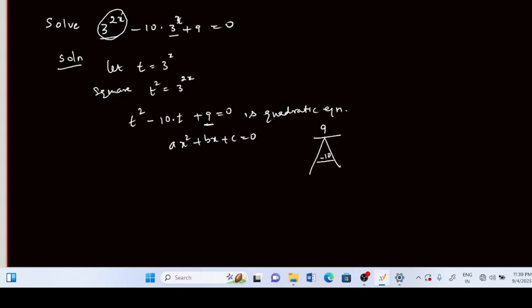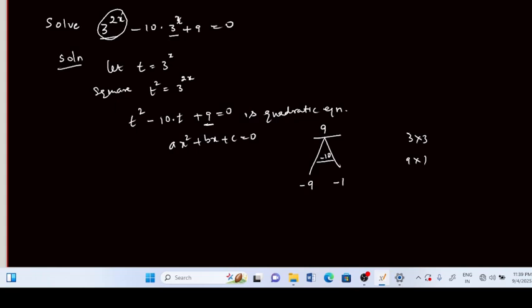So 9 we are getting using 3 into 3, and then 9 into 1. So here I am considering 9 into 1. If we add these two, we get 10. If we multiply, we get 9. So here minus 10 is there, we put the minus symbol for both terms, we get minus 9, minus 1 is minus 10.